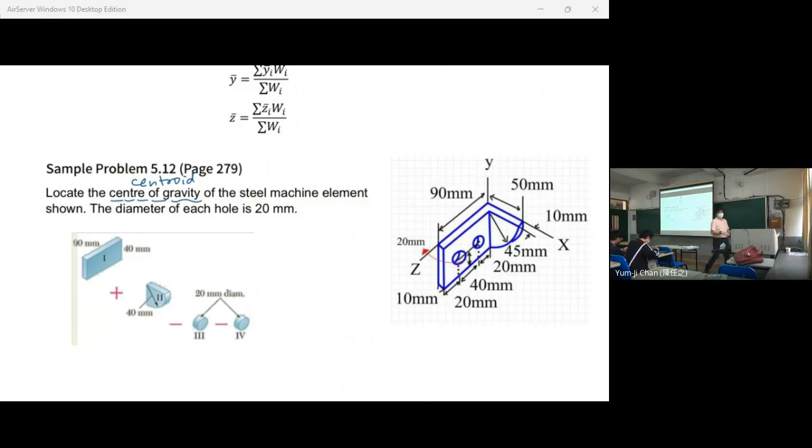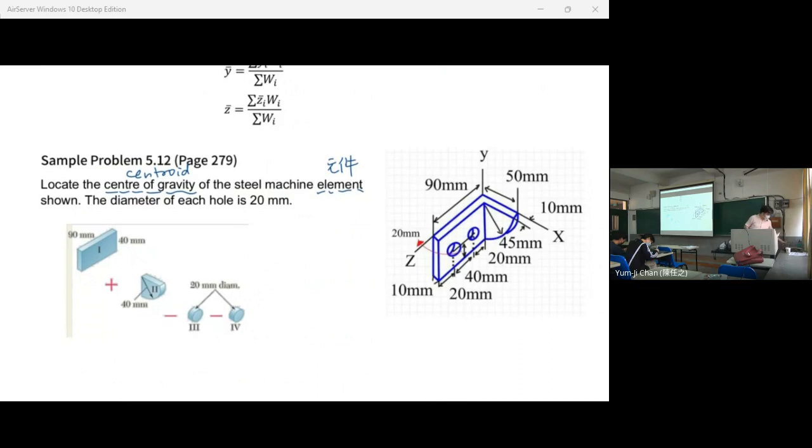This element here means 元件. And the diameter of each hole is 20 millimeter.